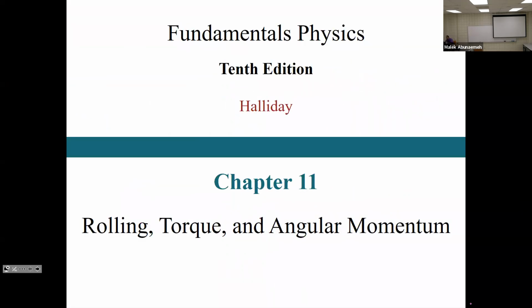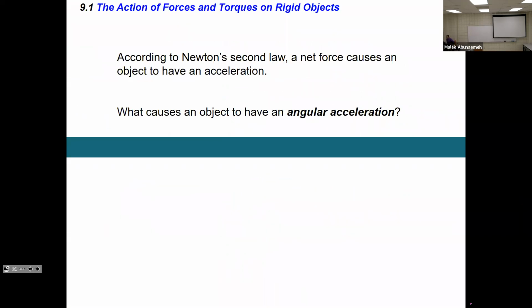So let's take a look at this. According to Newton's second law, a net force causes an object to have an acceleration. Now, what causes an object to have angular acceleration? That's when we actually talk about torque.